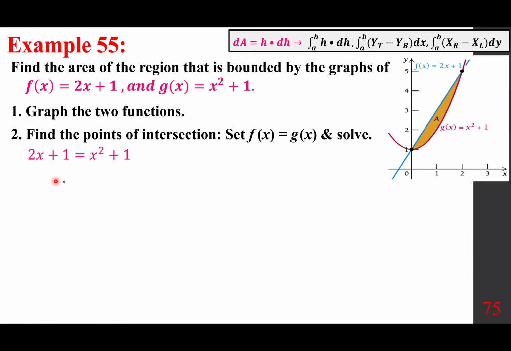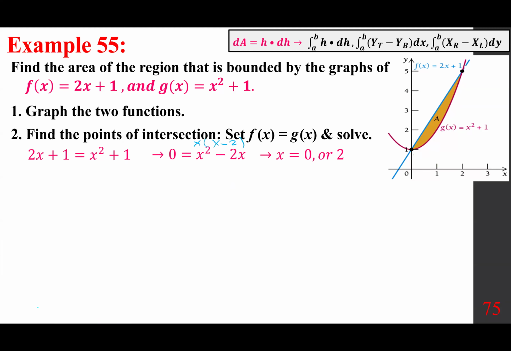So I can get rid of the 1 and say x squared minus 2x equals 0. I factor the x out, and I get two answers, 0 or 2.